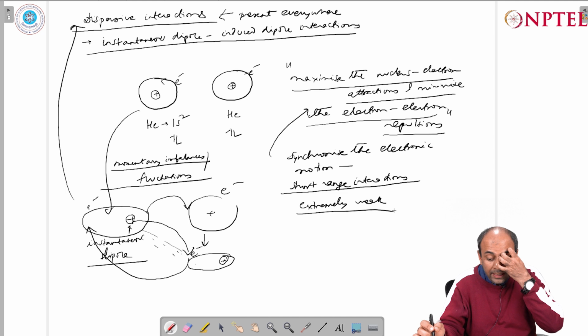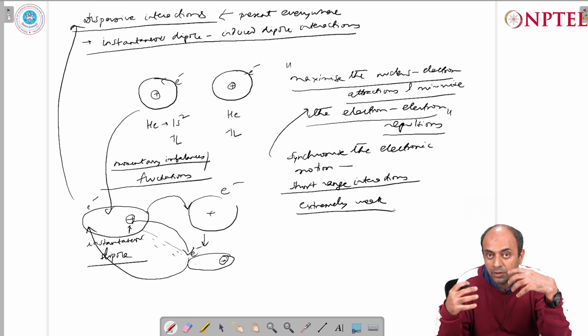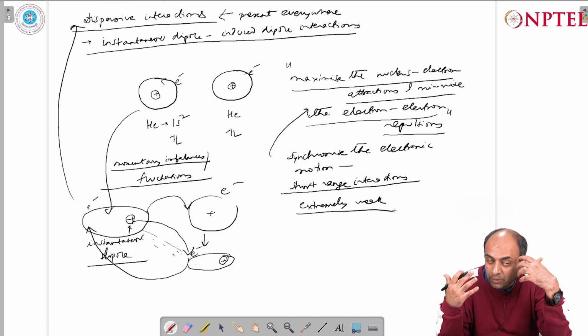But now you would like to actually have a state of matter which essentially involves non-polar molecules. So when you have non-polar molecules, you can extend this concept to them, because they do not have any dipole moment. Now you can see there can be an induced dipole moment.